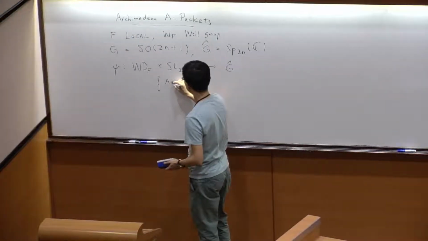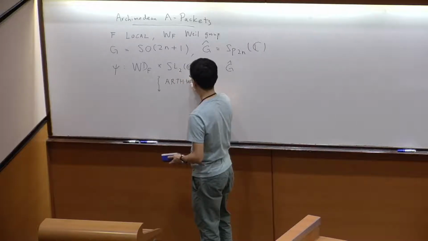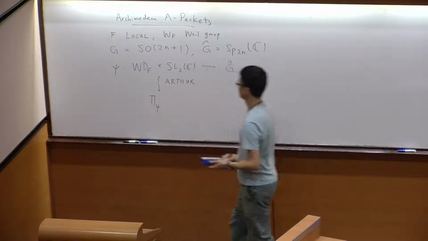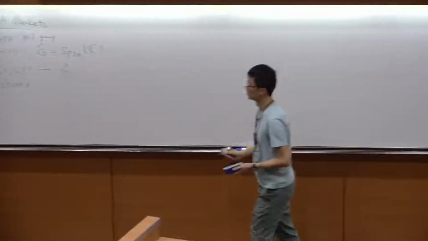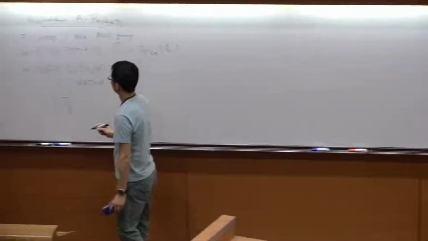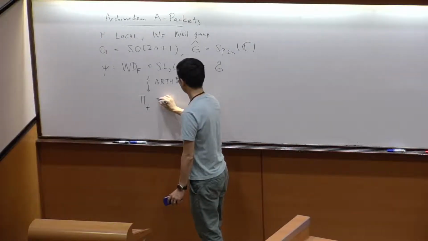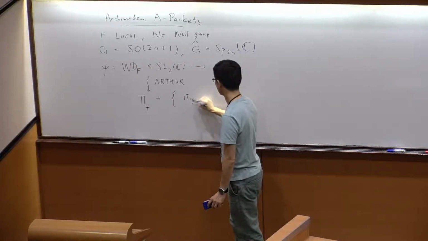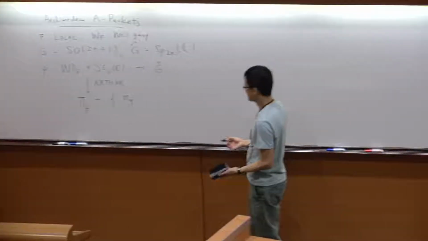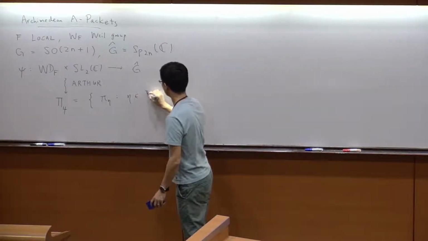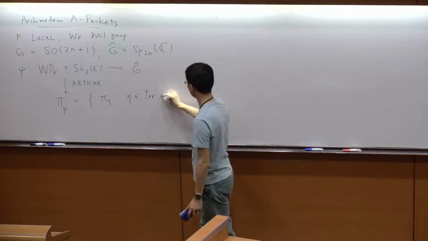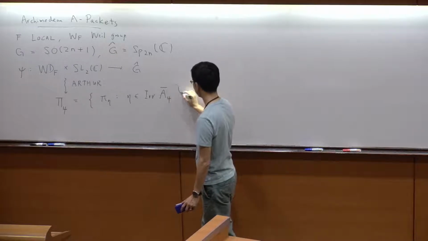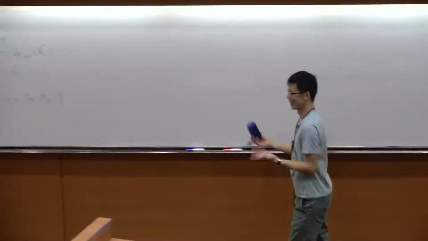Associated to this, Arthur has attached a certain finite set of unitary representations of G. In my first talk, I said that this set of representations is indexed by the characters of a component group, maybe with a bar. So it has this form.